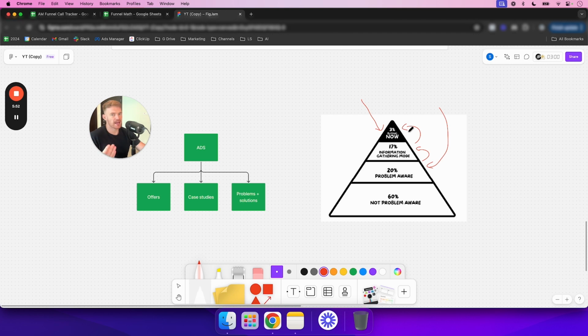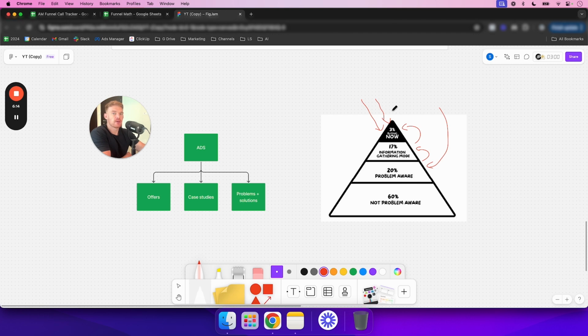And I agree with all that. If you're running ads for e-com or for info products. But if you're running ads for an agency service where you sell done for you packages, then you don't need to worry about that. You can actually just run ads targeting people who are in buyer now mode, and you can make a lot of money.